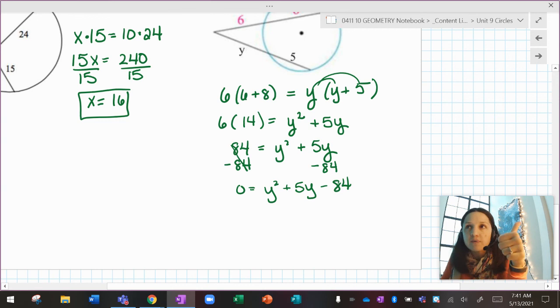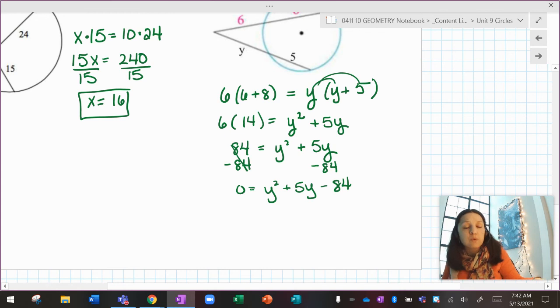So 1 times 84, not going to do it. 2 times 42, no. 3 times 28, nope. 4 times 21, nope. 5 doesn't go in. 6 times 14, nope, that's not going to do it. 7 times 12. I finally found it. 7 times 12. You could have also done that in your calculator.